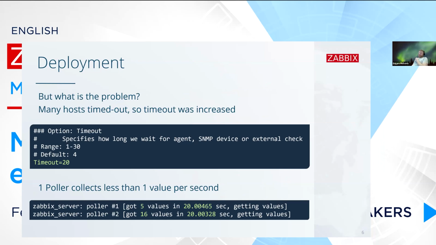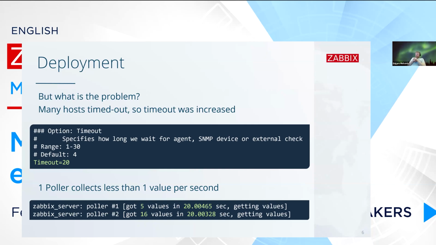We often saw in the output on the command line "got 5 values in 20 seconds", "16 values in 20 seconds". Those were kind of the worst cases, but in reality it was averaging around 1 value per poller per second. And that is just dramatically bad performance.